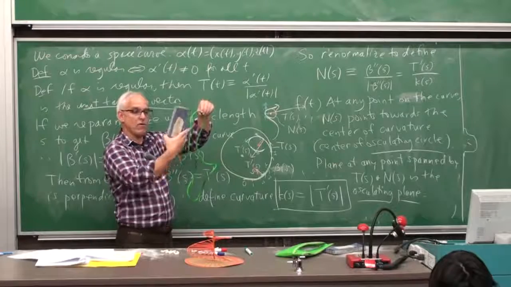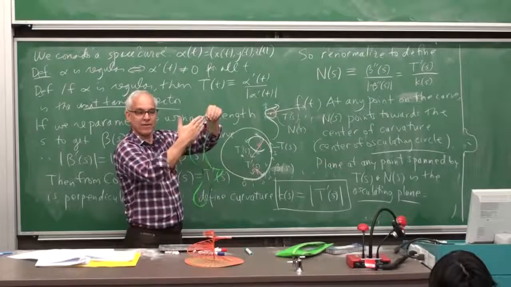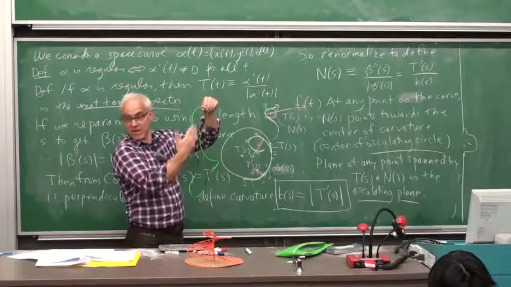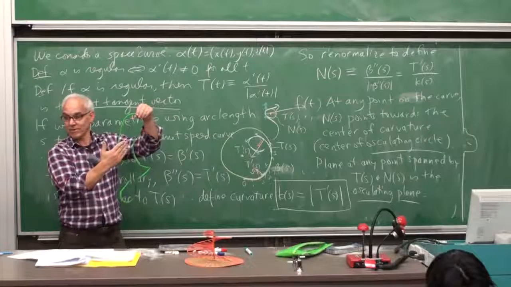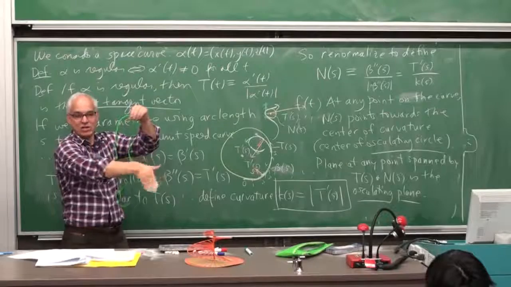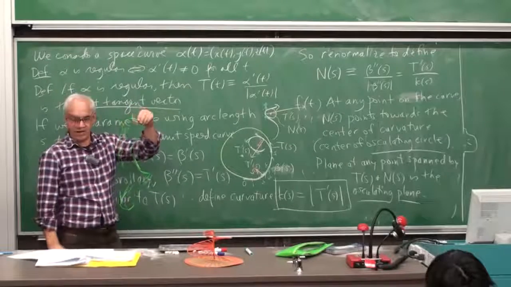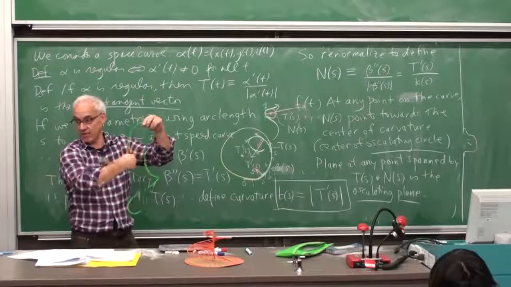So as the point moves along the curve, there's this plane that moves with it that contains the direction of the tangent vector and also contains the direction of the normal vector. So this plane that's moving along, touching the curve, is the osculating plane. And that's the plane that contains within it the osculating circle.